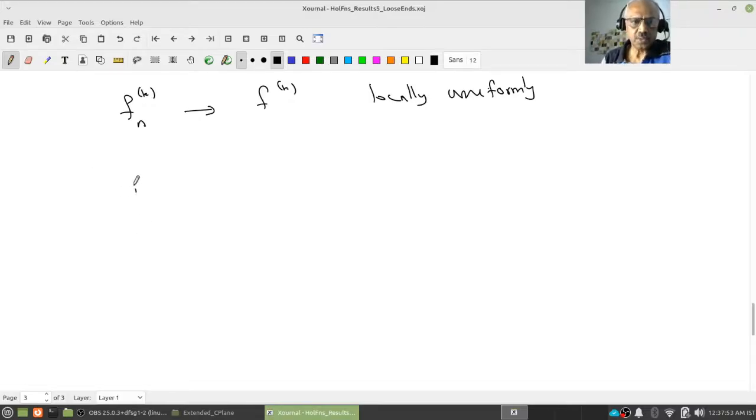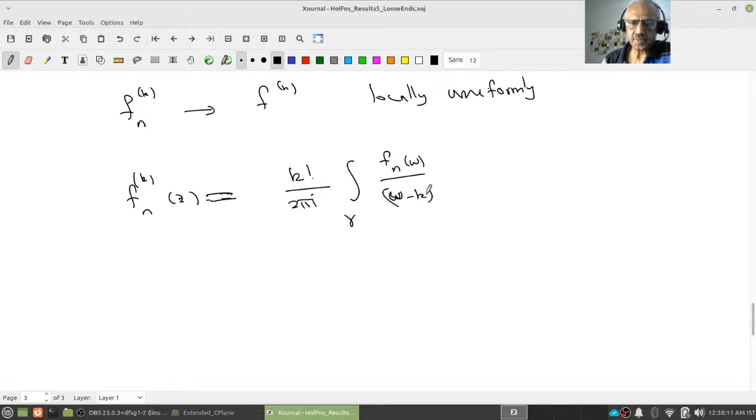So how will I know? Say the kth derivative of this is given by k factorial by 2 pi i, integral over something. I will fix that in a minute, don't worry. Fn of w by w minus z to the power k plus 1 dw.